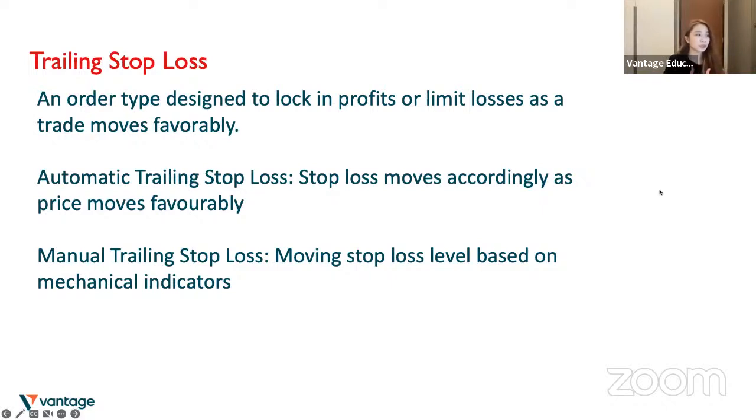Automatic trailing stop loss means the stop loss moves accordingly as price moves favorably. Later on, I will let you see the manual trailing stop loss instead of automatic. Automatic is like your AI stop losses. All right, so we are also looking at manual trailing stop loss, moving the stop loss level based on mechanical indicators.